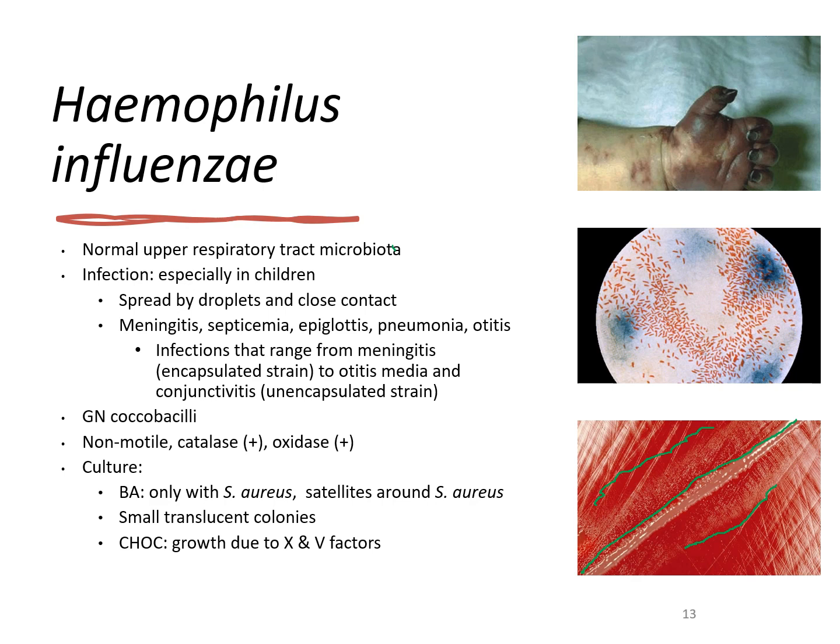And here up top, you have an infant that has septicemia from this organism, which has transitioned to DIC, disseminated intravascular coagulation. You can see some necrosis of the skin tissue on that infant.